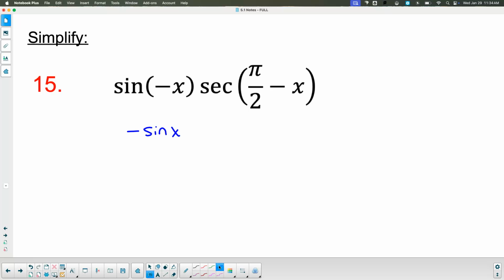Secant of pi over 2 minus x. Give me a number. 17. It's equal to cosecant of x.